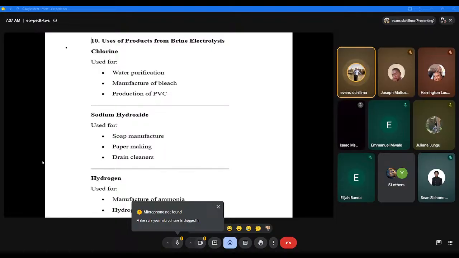Then you have sodium hydroxide, which is used in soap manufacturing, paper making, and drain cleaners. So some of the uses of hydrogen: manufacturing of ammonia. So ammonia is NH3.